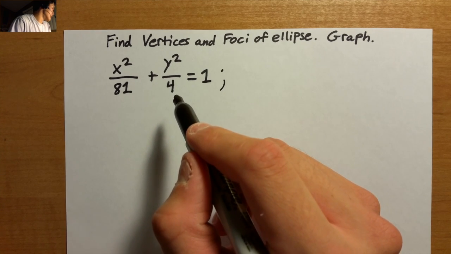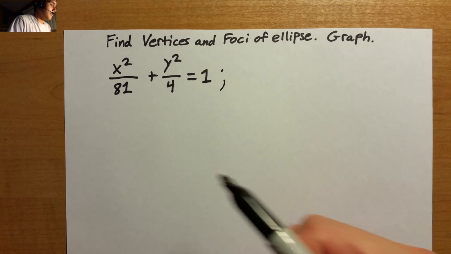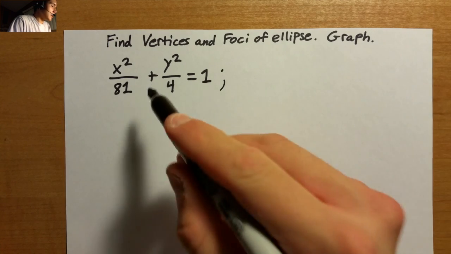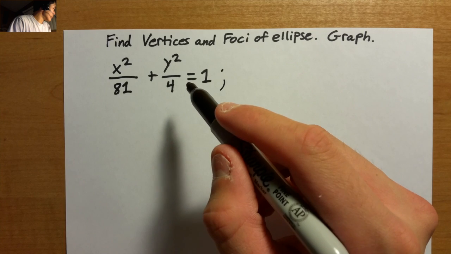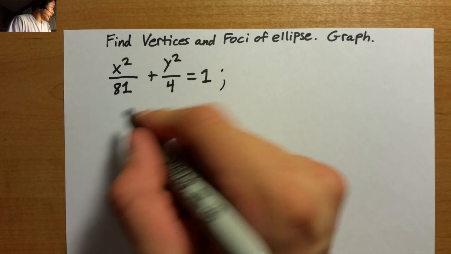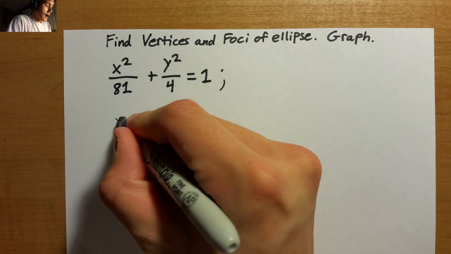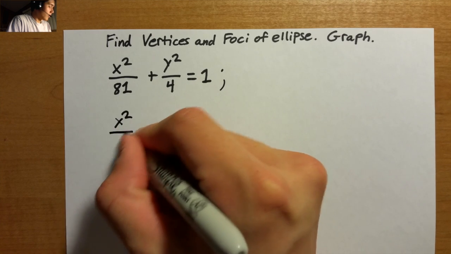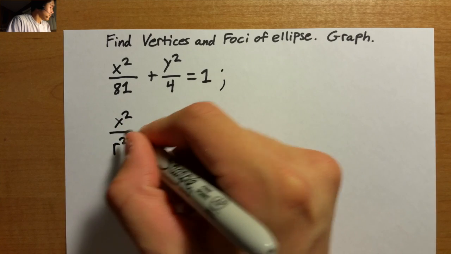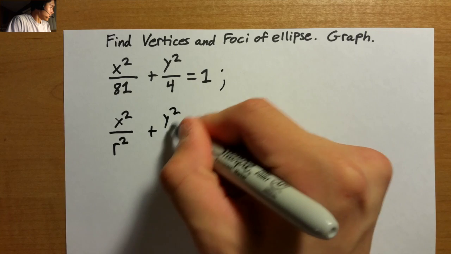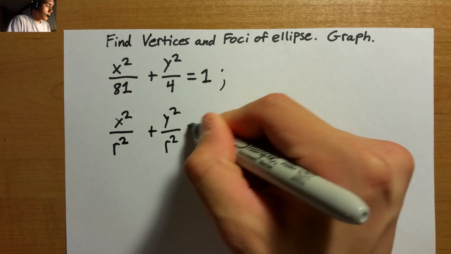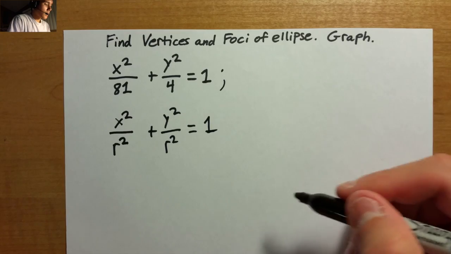And if you remember the standard equation for an ellipse, it's written in this form. I'll write the equation in case you don't know it. It's x squared over r squared plus y squared over r squared equals 1.